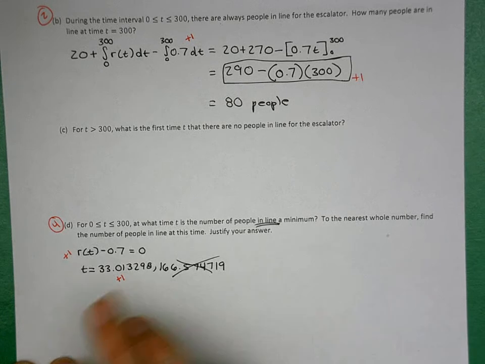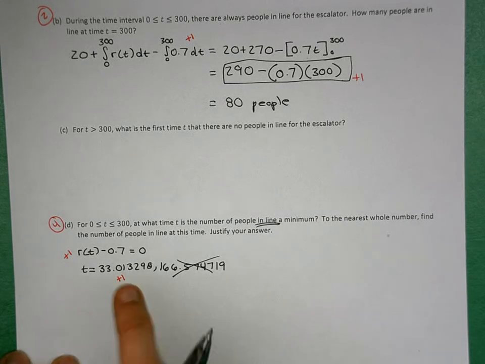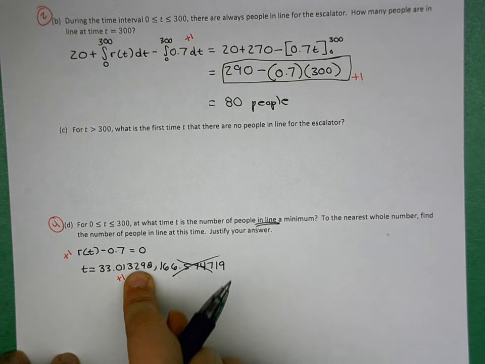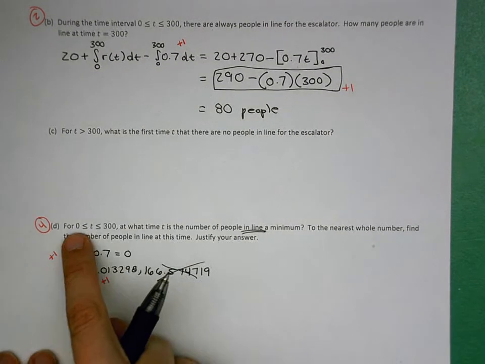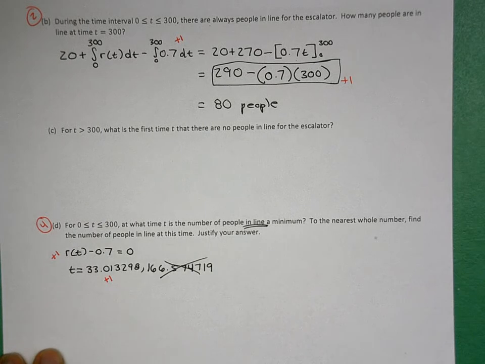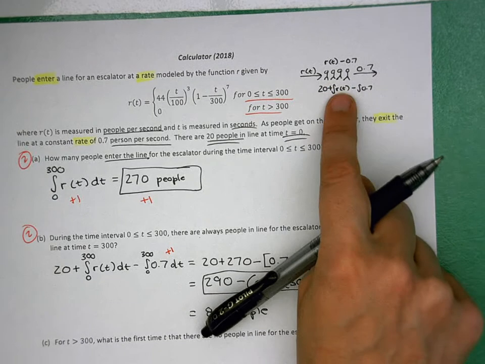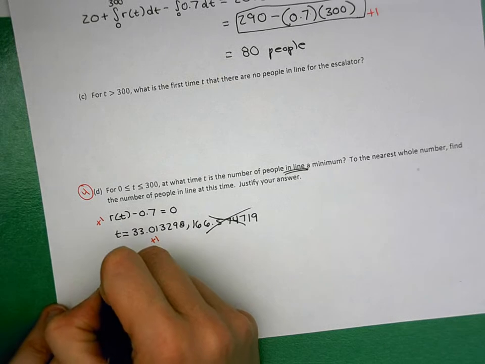Because the last thing you do is now have to take the values you've identified as zeros, as well as your 2 endpoints, which for me are 0 and 300, and you have to plug them into your original equation, which for inline, which is again what we're considering, is this 20 plus the integral, etc. And so I'm going to go ahead and do that.